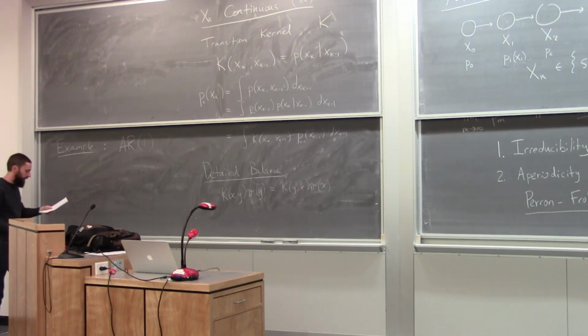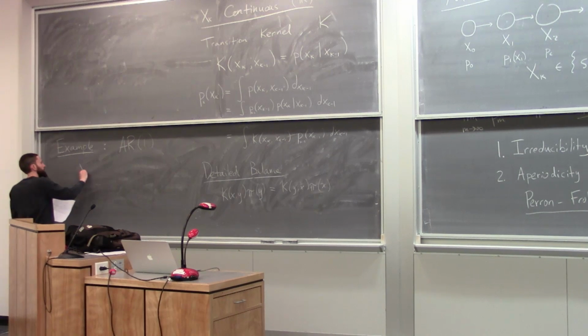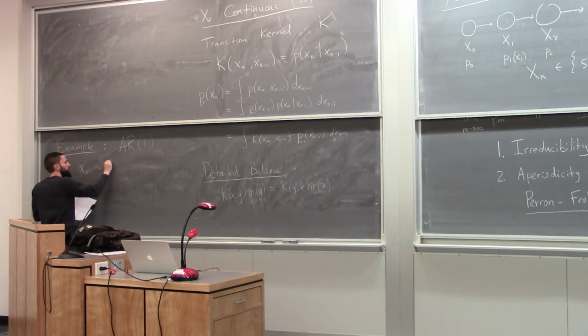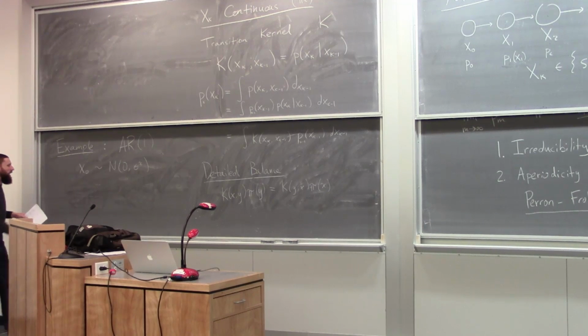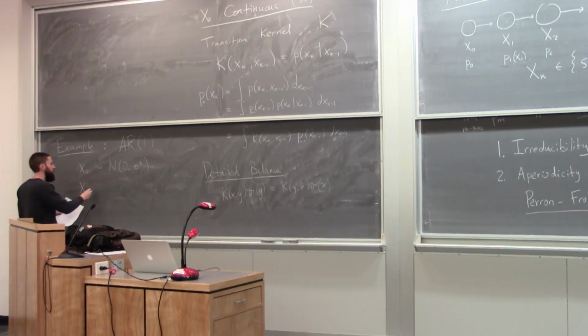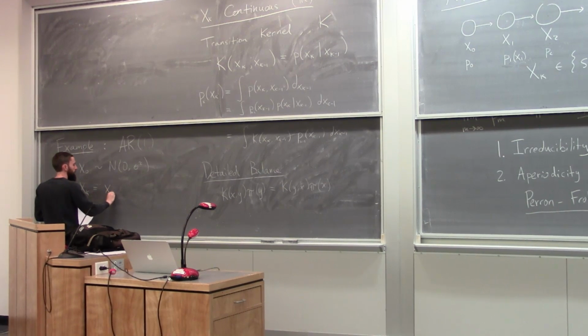And the way this is defined is I'll start off with x0 just being Gaussian with mean 0 and some sigma squared variance. And then basically this is my transition kernel: xk is equal to xk minus 1 plus some noise.